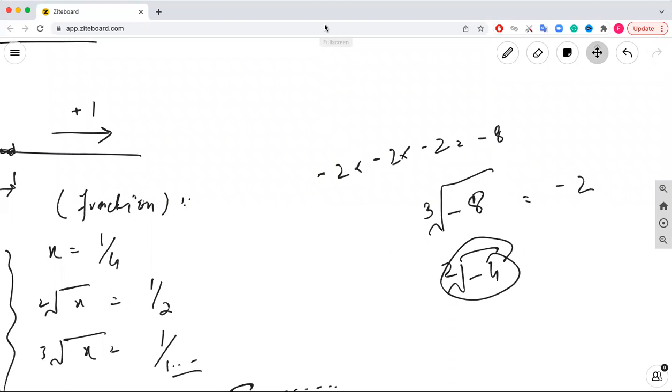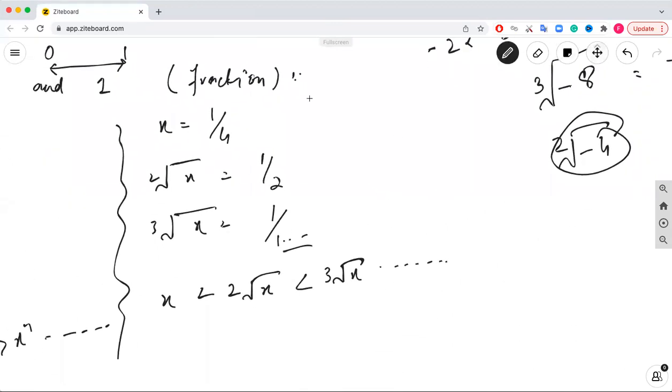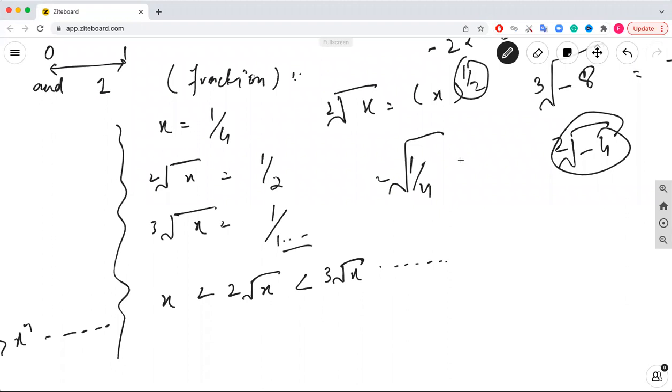I mean the second one, the square root of x. Can you repeat that portion? Let x equal 1/4. Yes, this one. Listen, we have 1/4, and if you take the square root of this, that is actually power 1/2, right? Now if we take the square root of 1/4, this is actually 1/2.